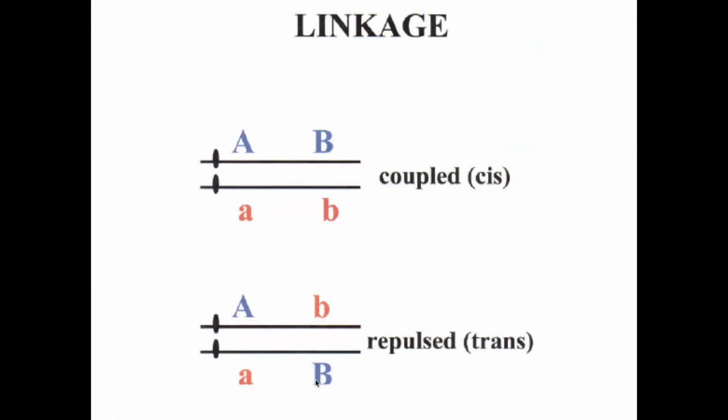So we call that a trans or repulsion linkage arrangement. Okay, so this is the concept. Linkage, as distinct from independent assortment, is when you're looking at two or more genes, the genes are going to be localized on the same chromosome, just in different positions, different loci on that chromosome.